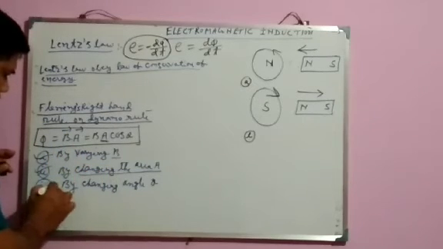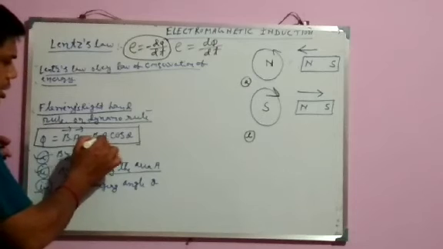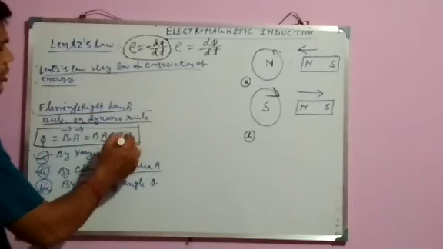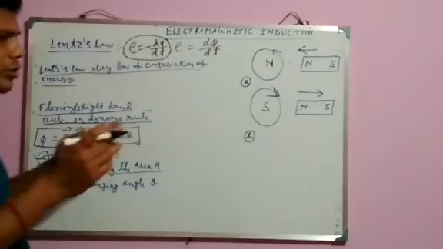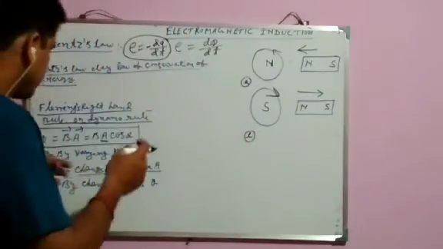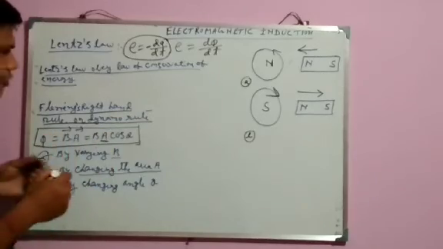Now number three is by changing the angle θ. If the magnetic field strength B and the area A of the conductor are fixed, by varying the angle θ between the direction of the magnetic field and the direction of the area vector, we can vary the magnetic flux also.